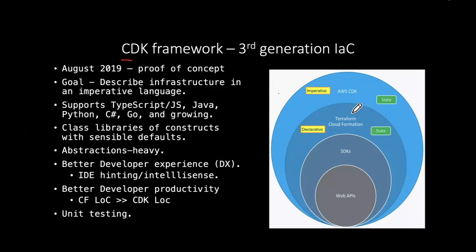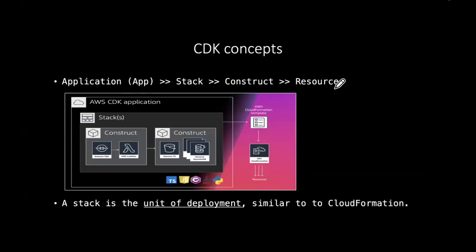The key difference is that we're using procedural languages as our infrastructure as code tool, whereas here we're using declarative languages, YAML and JSON. So arguably there's a much better developer experience with this third generation of tools. We are going to focus on the CDK specifically, but as I said, there are other competitors to it.